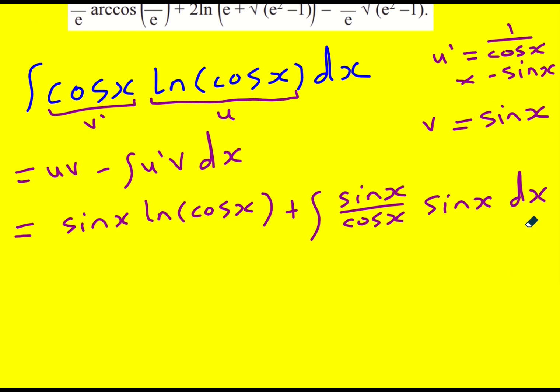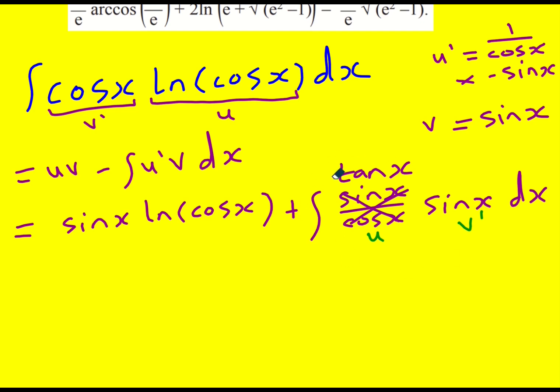And in fact, it's not like I can make it sine squared over cos x and make it simpler. I'm going to change this to a tan x. And then we're going to need to do another integration by parts. So I'm going to make the tan x u now and the sine x v dash.